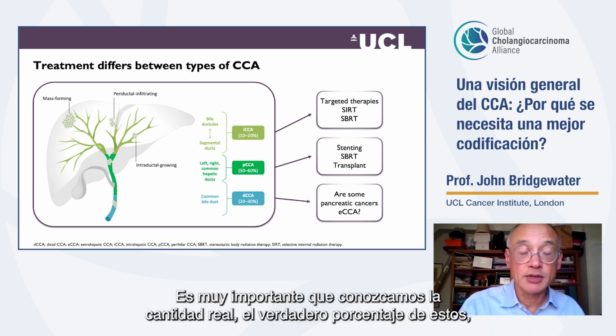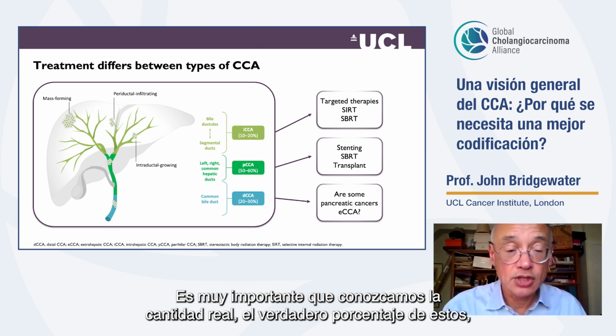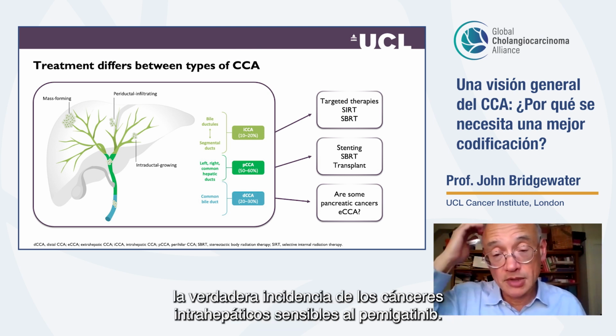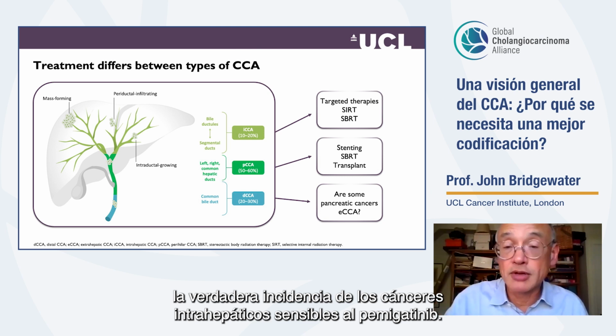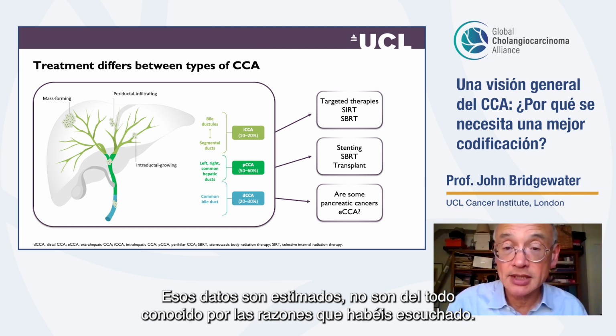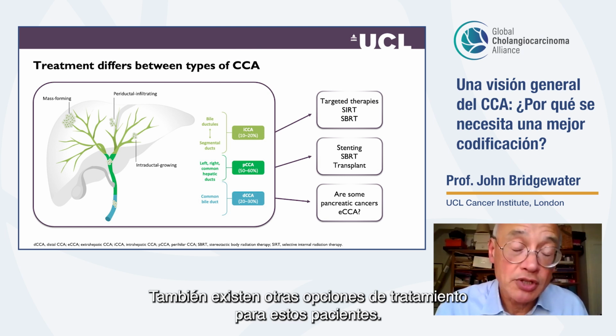And so it's very important that we know the true number, the true percentage of these, and not only just the true percentage of intrahepatic cancers, but ideally the true incidence of intrahepatic cancers that are sensitive to pemigatinib. That data is estimated. It's not entirely known for the reasons you've heard. There are other treatment options for these patients as well.